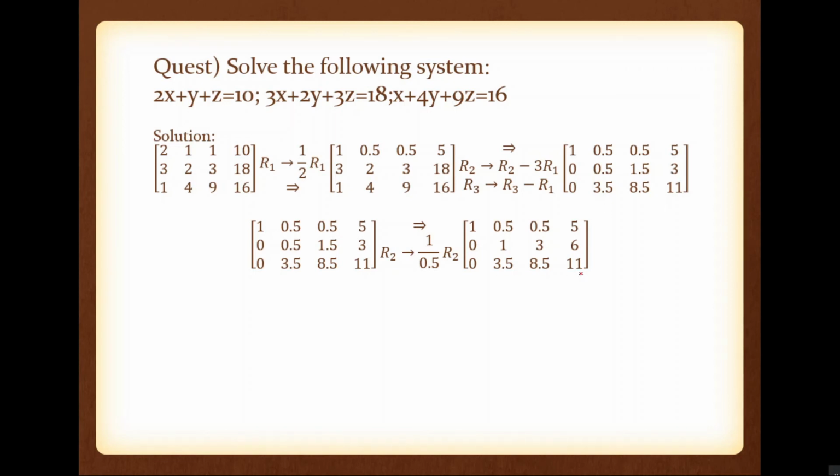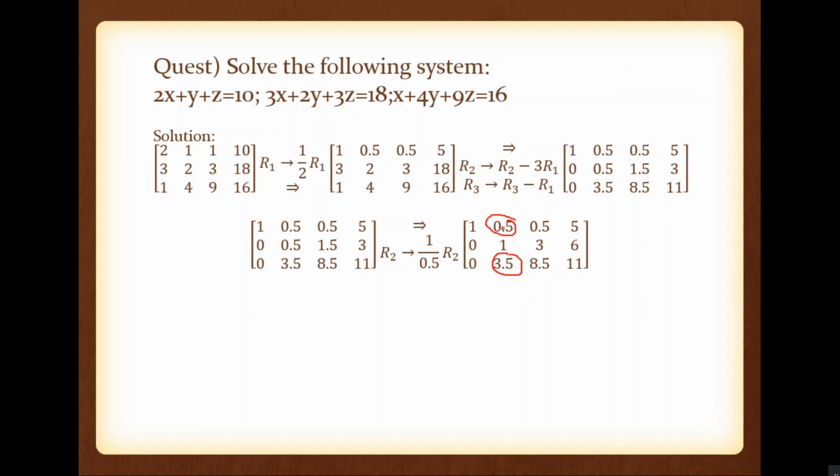So now what we are going to do? We are going to perform the second elimination. We need to remove this 0.5 and this 3.5. So that is second elimination. Except from second row, we are removing 0.5 and 3.5. So what we can do?